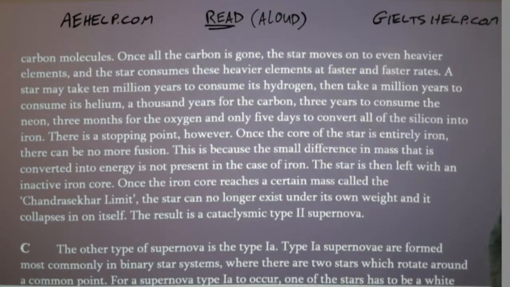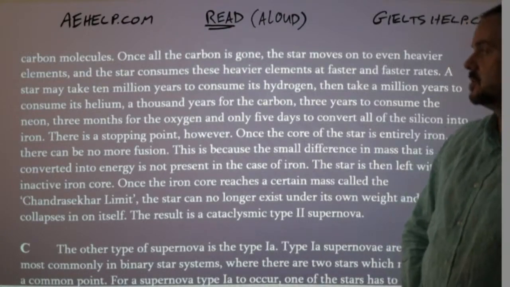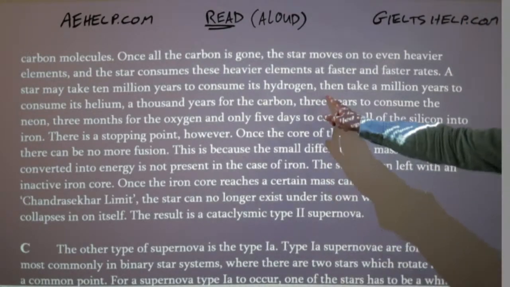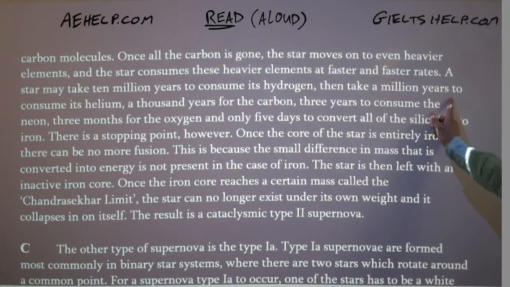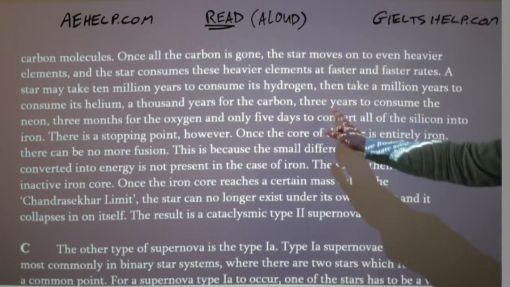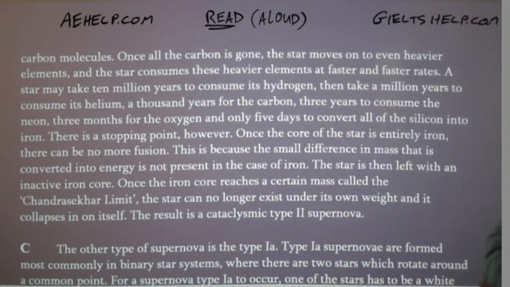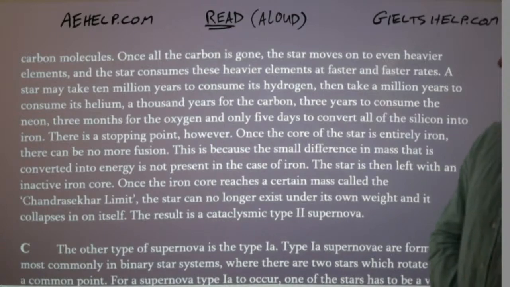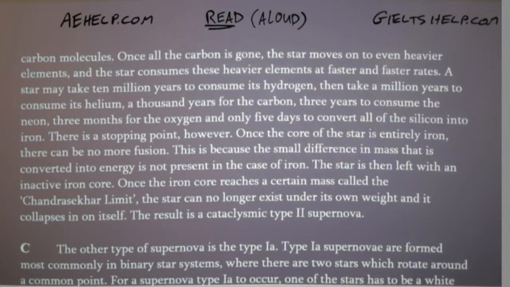A star may take 10 million years to consume its hydrogen, then take 1,000,000 years to consume its helium, 1,000 years for the carbon, 3 years to consume the neon, 3 months for the oxygen, and only 5 days to convert all of the silicon into iron.